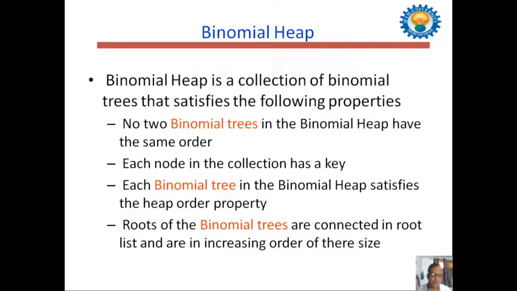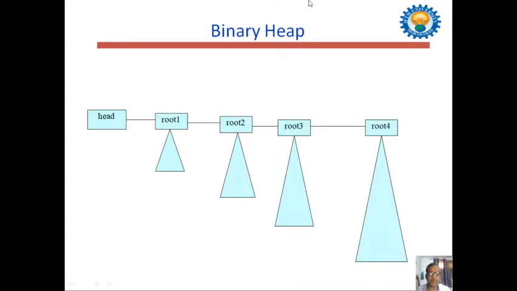Means on the leftmost side, the binomial tree has the least order, and as we move further along the root list, the degree of binomial trees will be increasing. As we can see in this example, root 1 is the smallest one, then bigger ones, then root 3, then root 4.